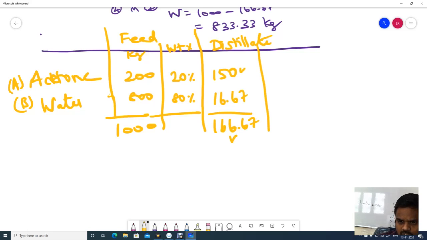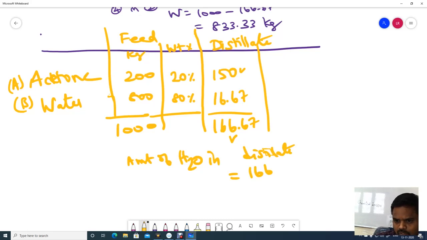So the amount of water in distillate is equal to total amount of distillate, that is 166.67, minus amount of acetone, which is 150. That gives us 16.67, which we substitute here.